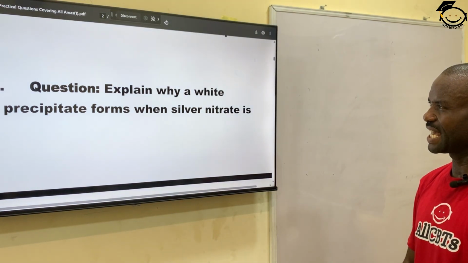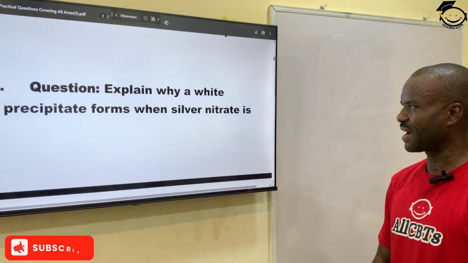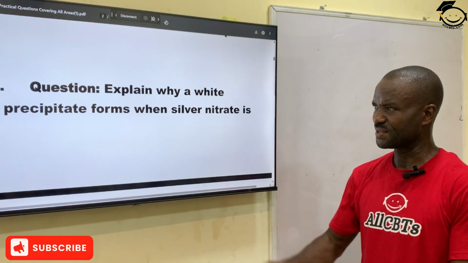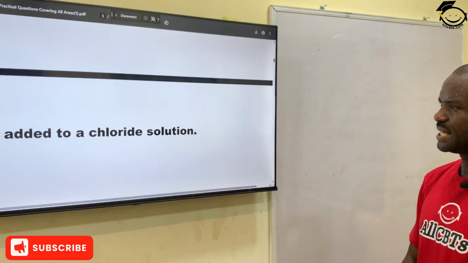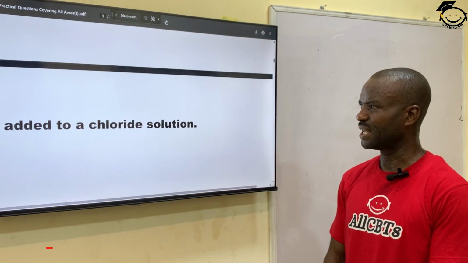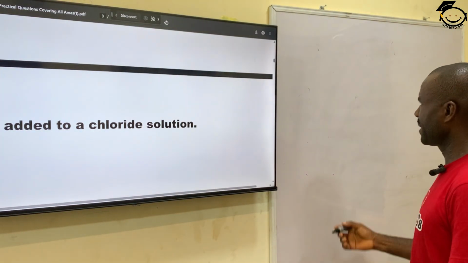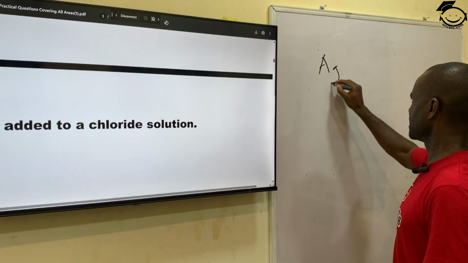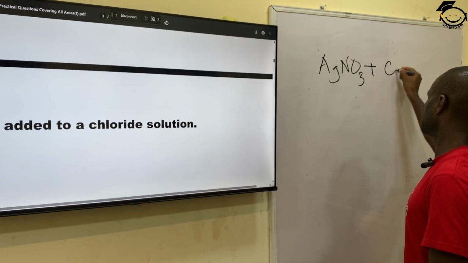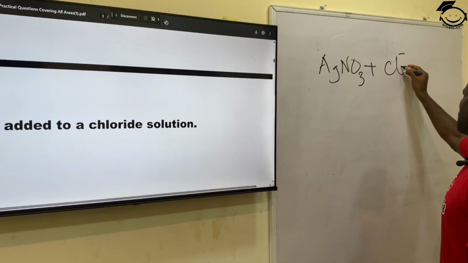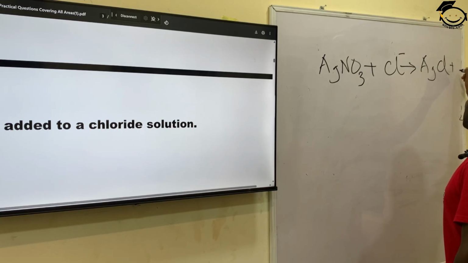Question 6 says, explain why a white precipitate is formed when silver nitrate is added to a chloride solution. Silver nitrate, AgNO3, with a chloride solution will react to give you silver chloride plus the nitrate.